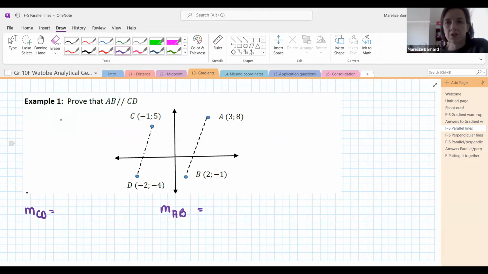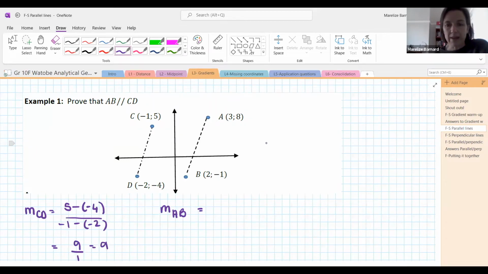Okay, so everyone says the gradient equals 9. Let's see, 5 minus minus 4, remember to carry on putting your answers in the chat. 5 minus minus 9 and minus 1 minus minus 2, and that is 9 over 1, which is 9.